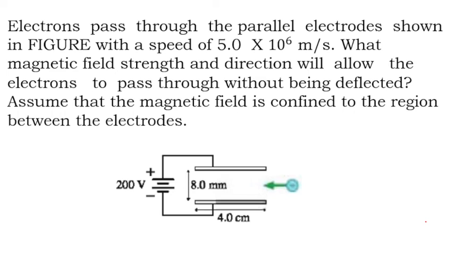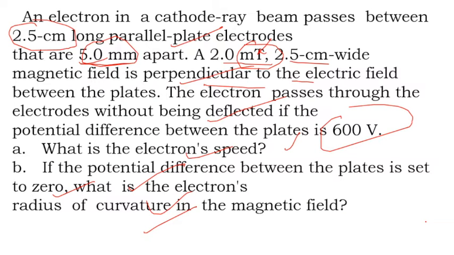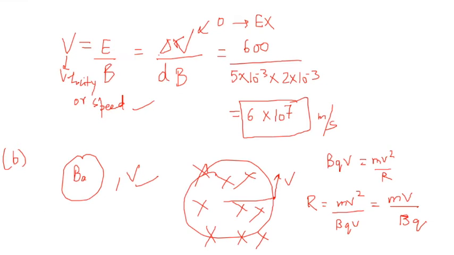So R here will be mv by BQ. You can solve this: R is equal to mv by BQ. M is the mass of the electron, which is 9.11 into 10 to the power minus 31.